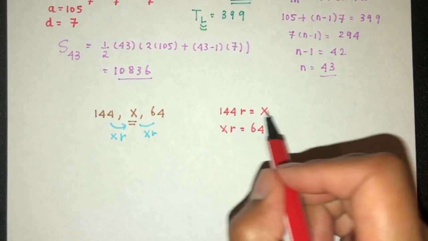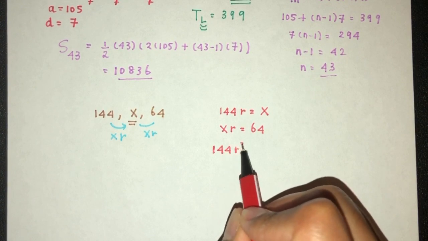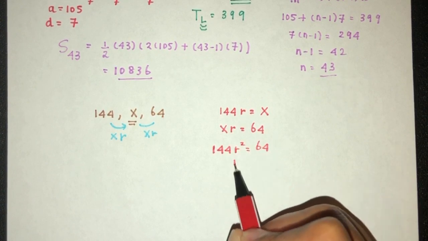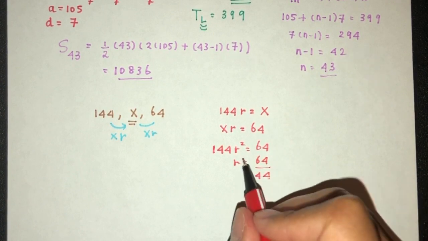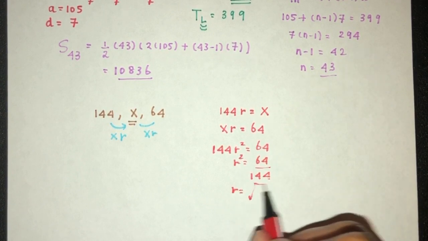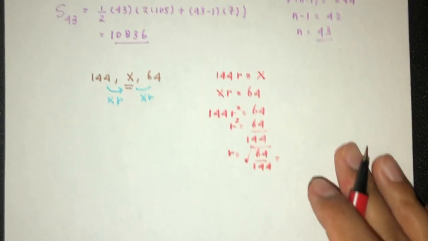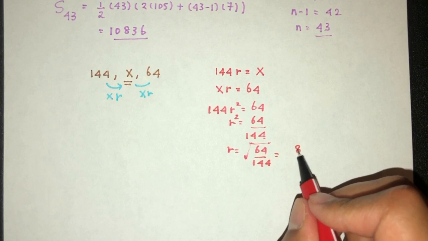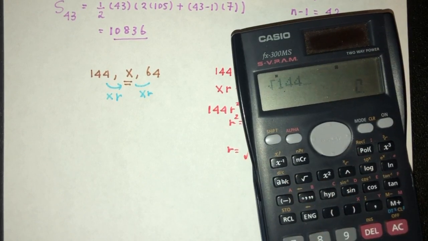X is this, so we replace x by 144r. 144 r squared has to be 64. R squared has to be 64 over 144. R has to be the root of 64 over 144. The root of 64 is 8, and the root of 144 is 12.